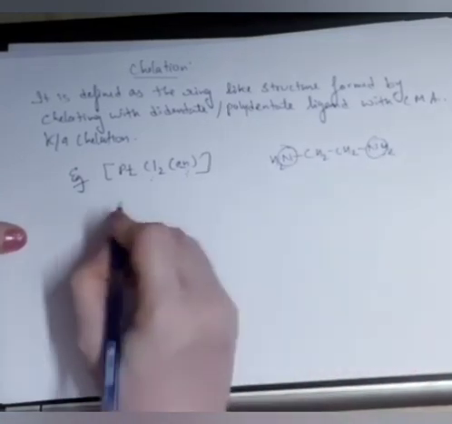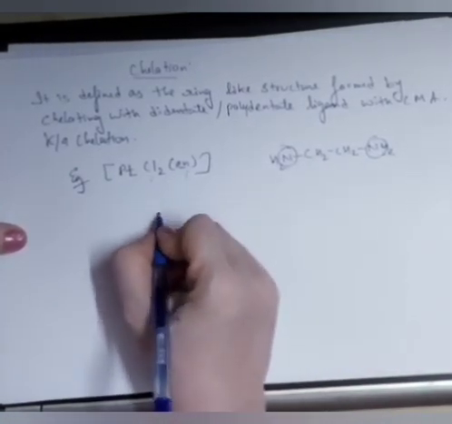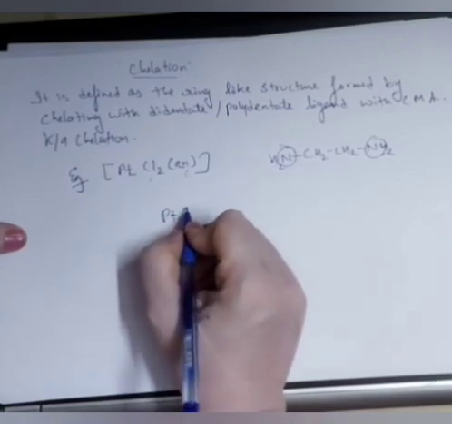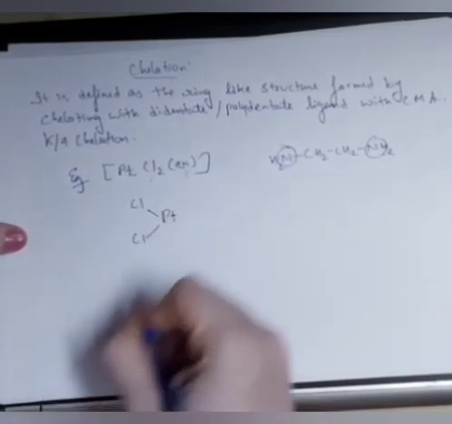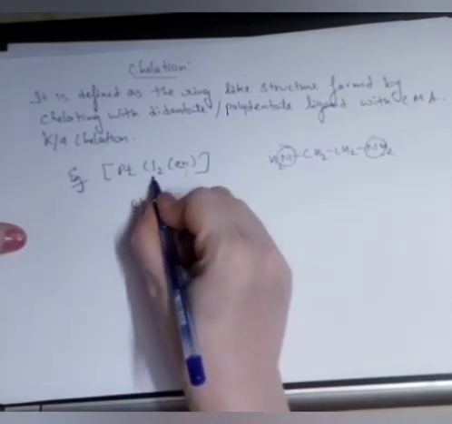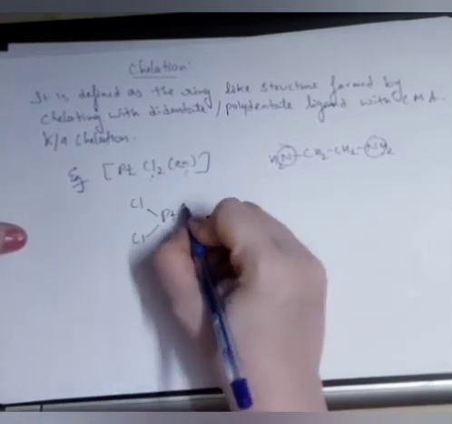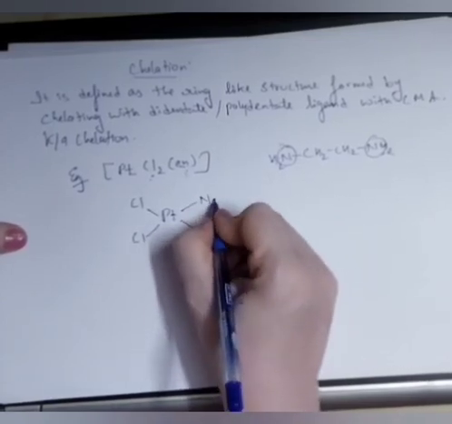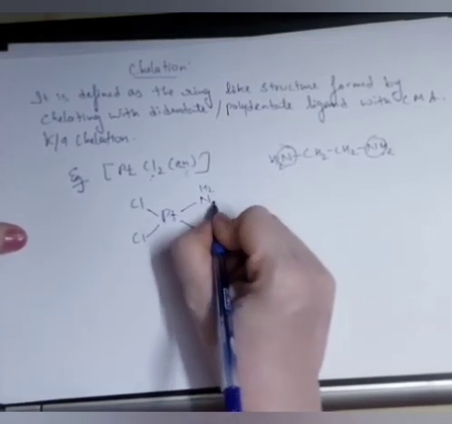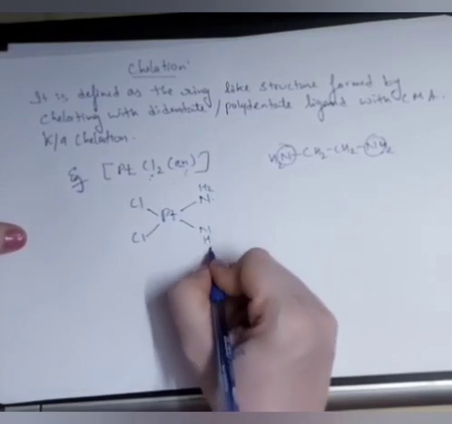This is the platinum, and here it is forming coordination bonds with the unidentate ligand, that is chlorine, and the didentate ligand, which is ethylene diamine.